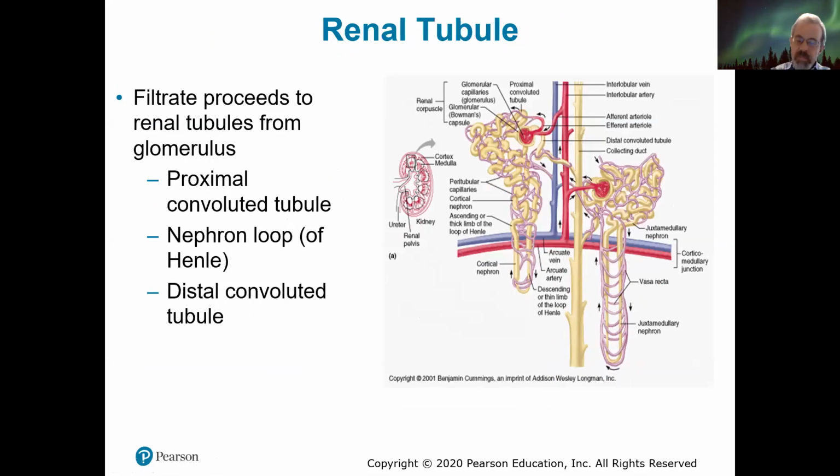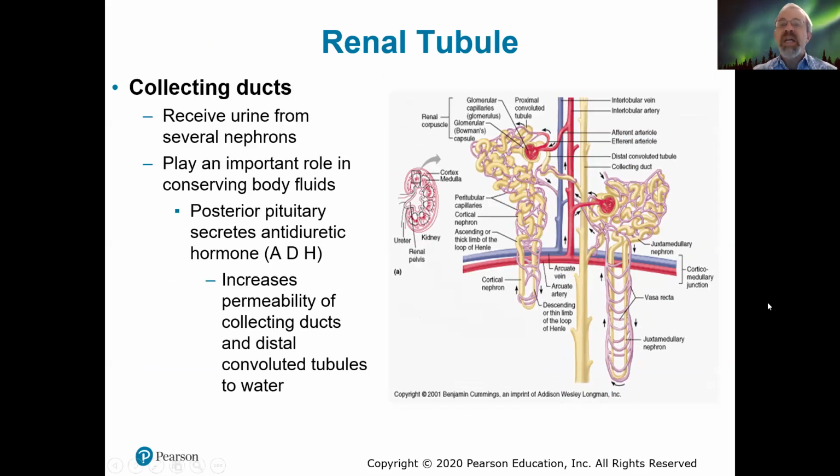All right. So the filtrate, a lot of this is just review. The filtrate proceeds from the proximal tubule into the loop of Henle, into the distal tubule, where eventually it goes into the collecting duct. So proximal tubule, loop of Henle, distal tubule, and then this long, very straight structure is the collecting duct, and several different nephrons drain into that.